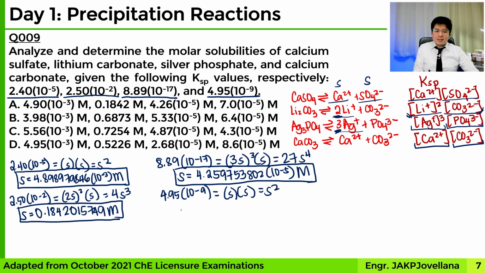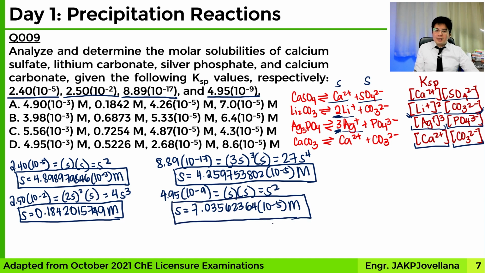So solving for S, 4.95 times 10 to the minus 9 is equal to S squared, we can solve for the value of S, which is around 7.03 times 10 to the minus 5 molar. So this is the molar solubility of calcium carbonate. So from the choices, you can see that the correct answer is letter A.